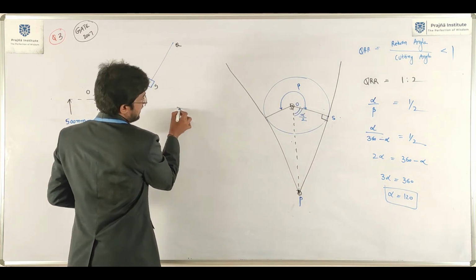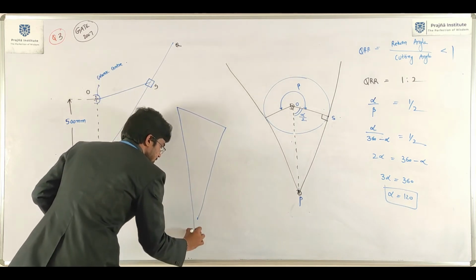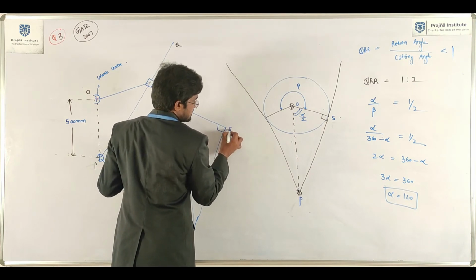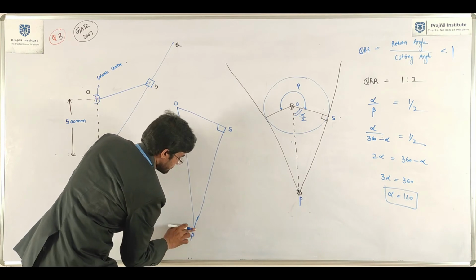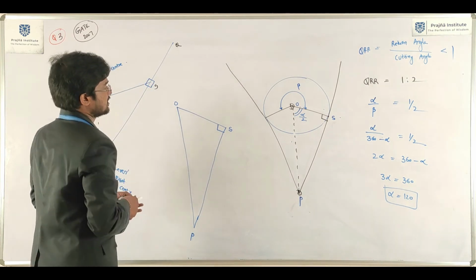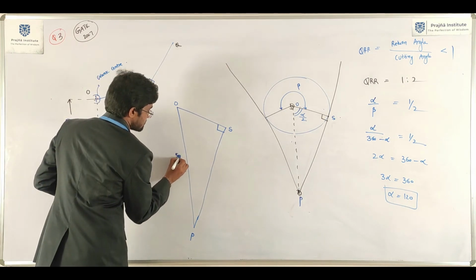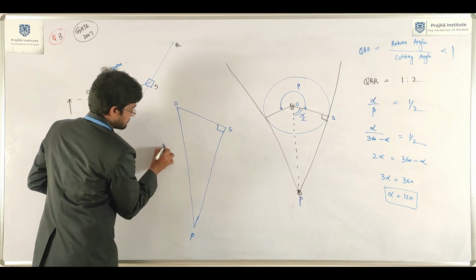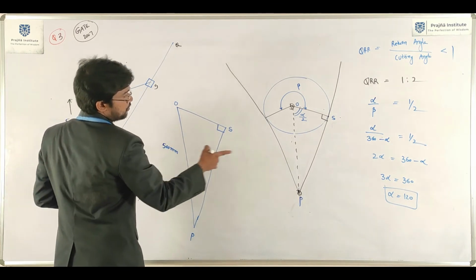Just take the triangle. This is S, O, P. Here O, P is nothing but 500 mm. Okay.